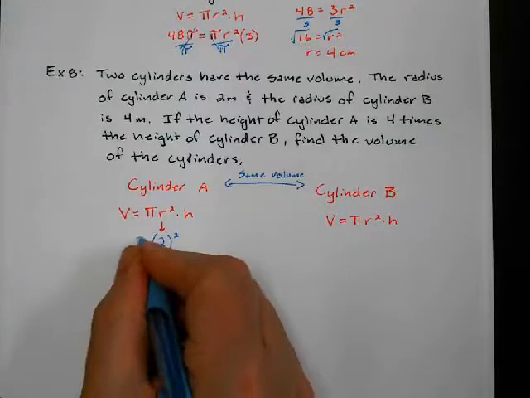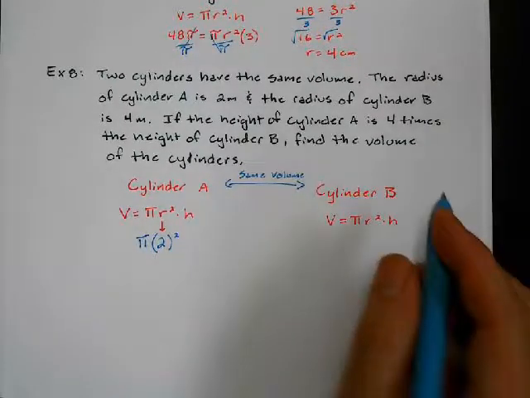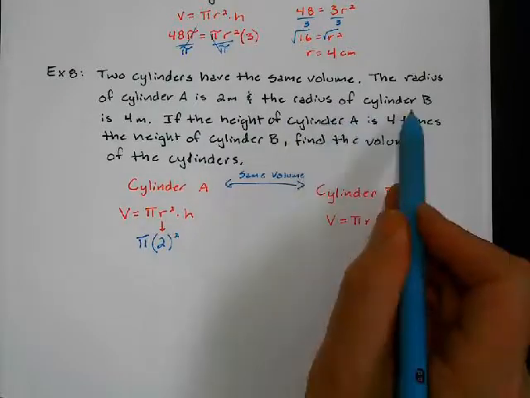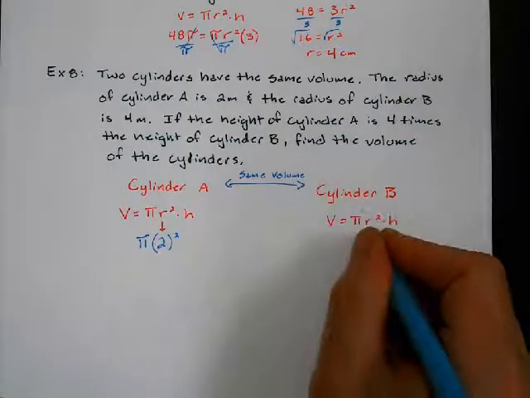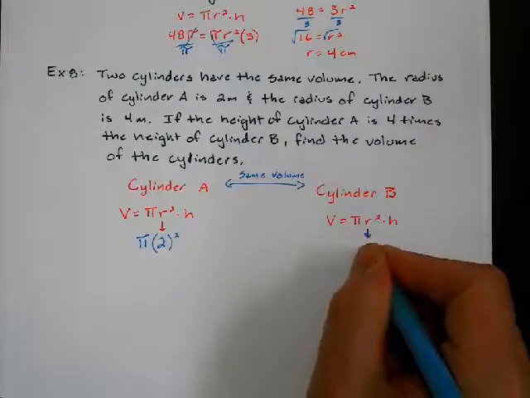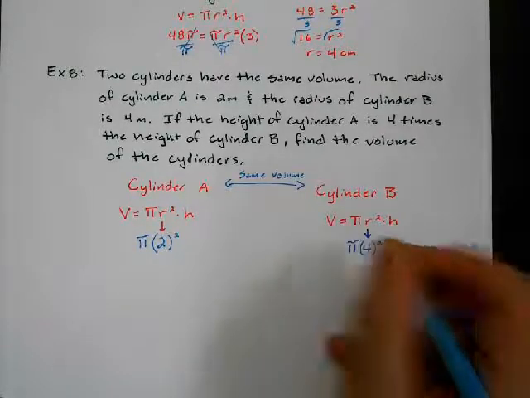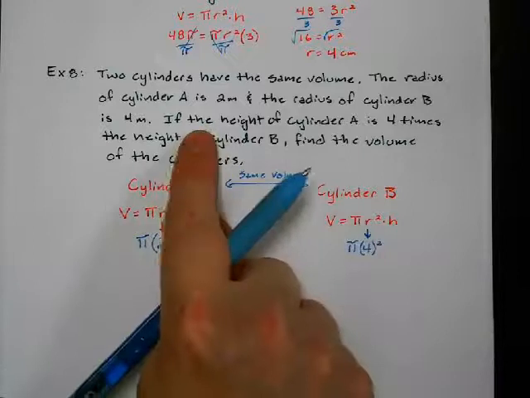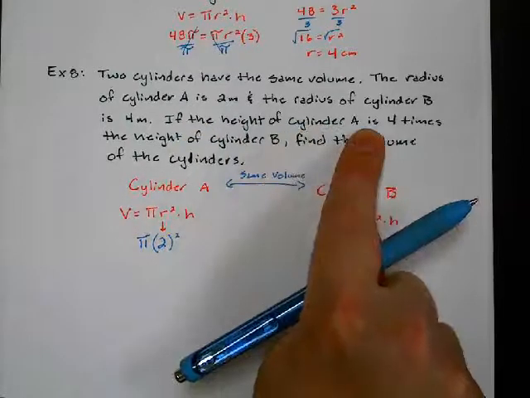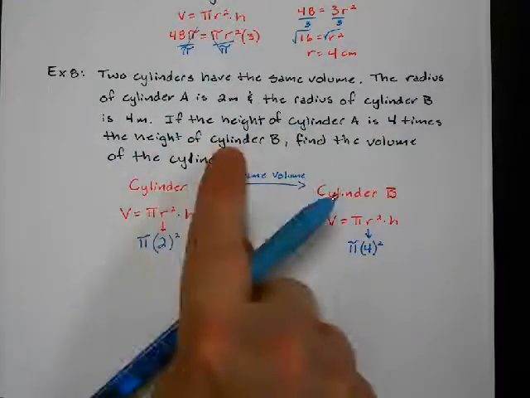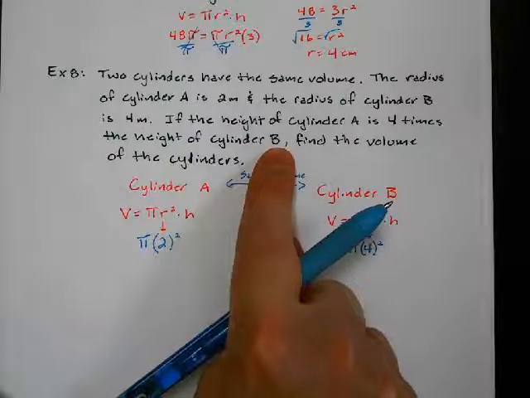Okay, that's helpful. So I know that that number right there is 4. If the height of cylinder A is 4 times the height of cylinder B. Okay, they're not telling us what the heights are. They're just telling us that this height is 4 times this height.